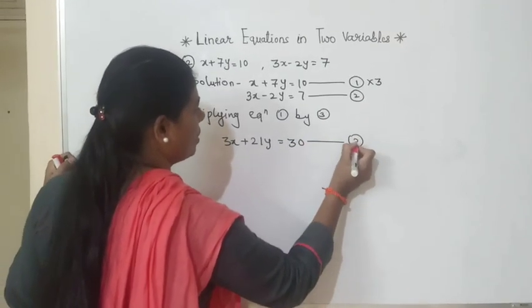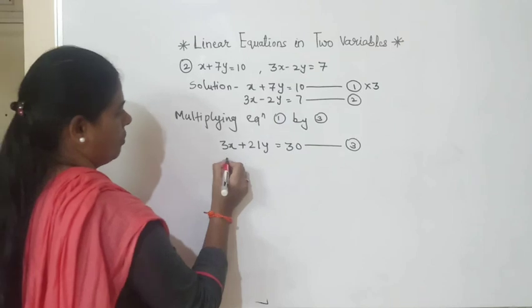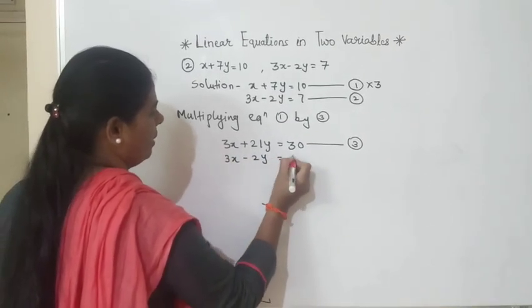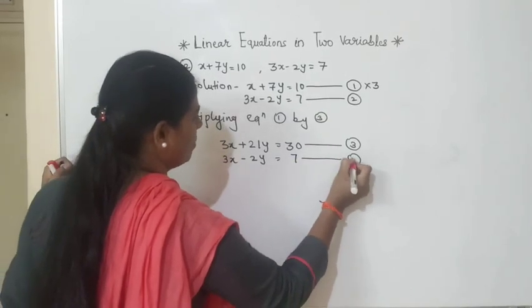This will be your equation number 3. आणि इक्वेशन नंबर 2 काय, 3x minus 2y equal to 7. हा इक्वेशन नंबर 2 आहे.